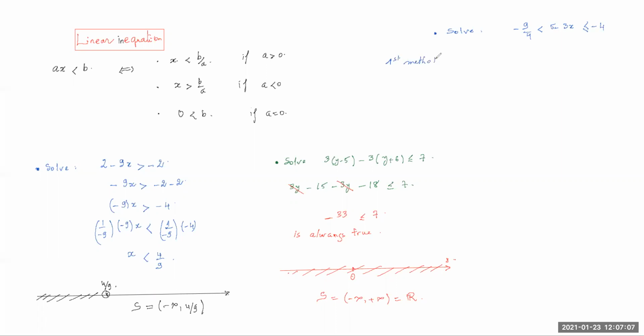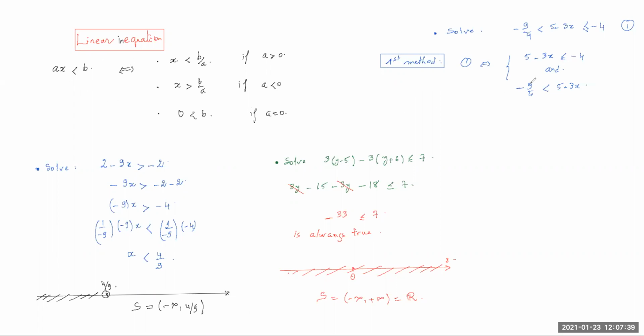I can say that this inequation, let's say number one, is equivalent to this. There are two inequations: 5 minus 3x less than minus 4, and minus 9 over 4 strictly less than 5 minus 3x. The advantage of this is that you can work separately on each inequation.